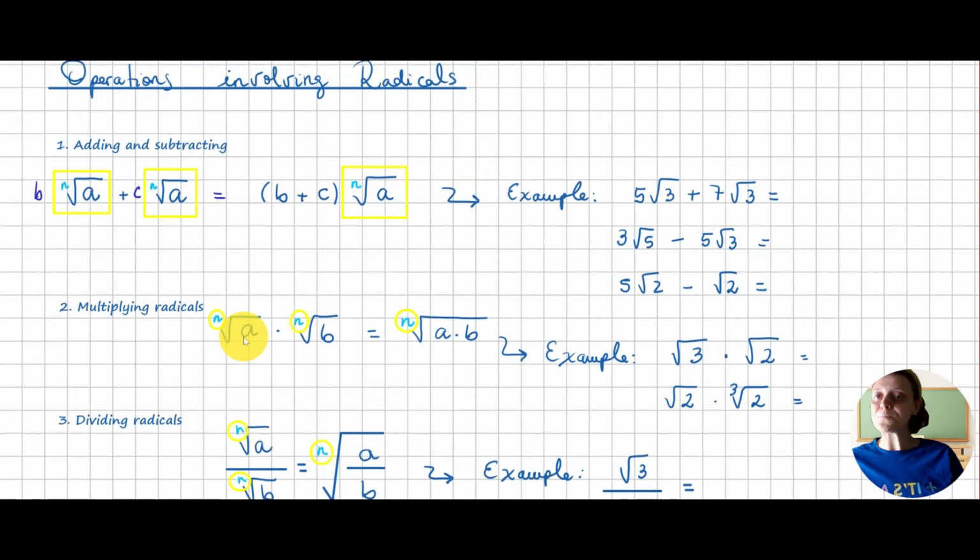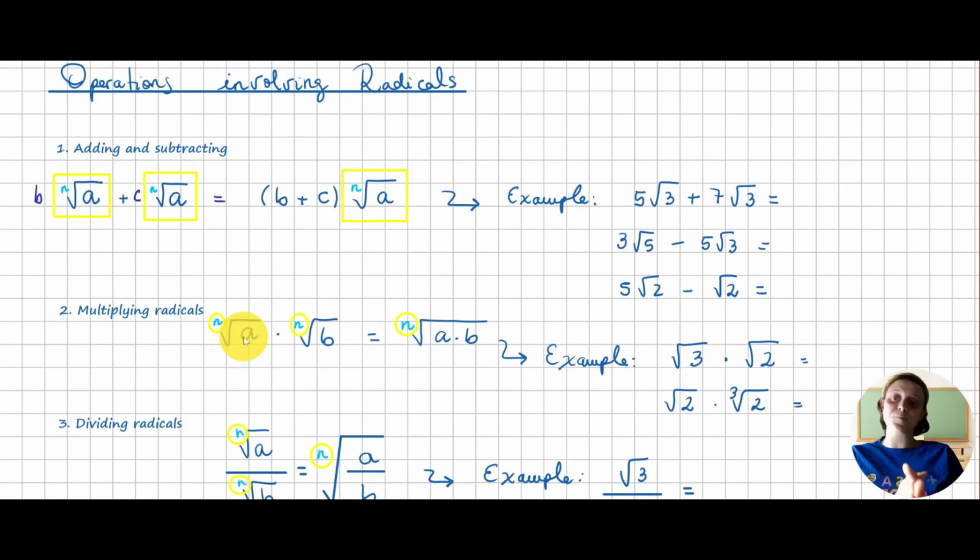So, adding and subtracting. What is the most important thing? See that we have in the operation these yellow squares. If you observe, which is a very important skill when doing anything in math, the radicals are identical.